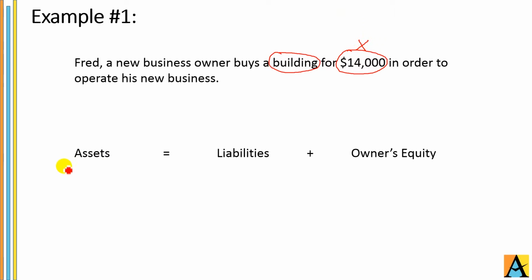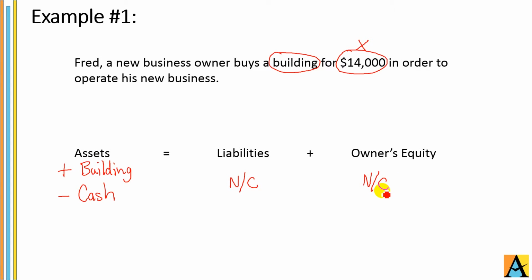Okay, so we had an asset that increased, right? Because a building has future worth to the company. And at the same time, he paid cash for it. So this is one of those examples where you had assets increase and decrease, and our liabilities and owner's equity had no change.